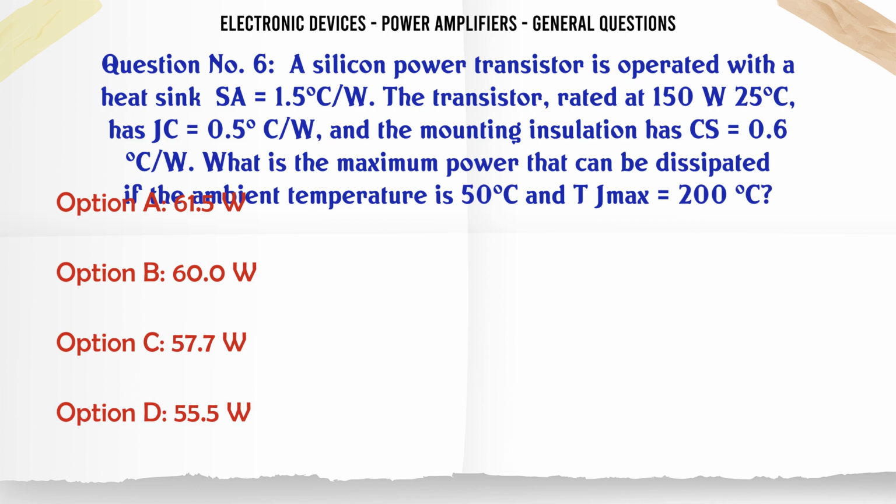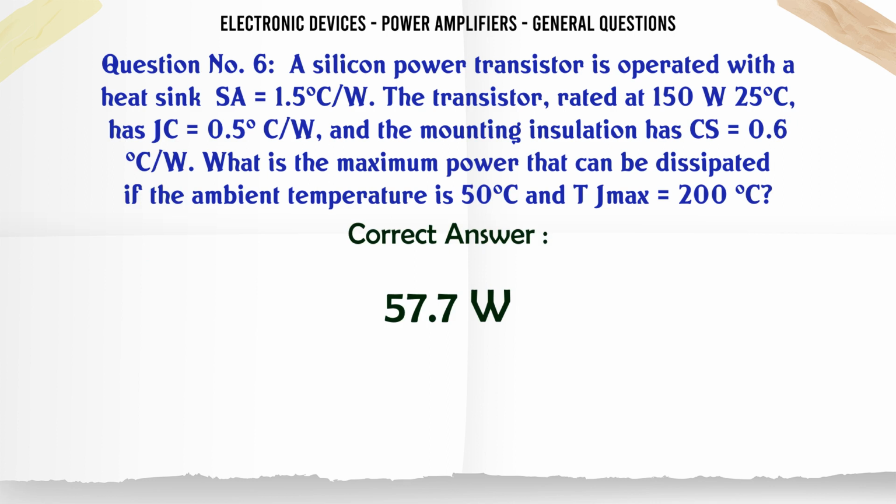What is the maximum power that can be dissipated if the ambient temperature is 50°C and Tmax 200°C? A. 61.5 watts. B. 60.0 watts. C. 57.7 watts. D. 55.5 watts. The correct answer is 57.7 watts.